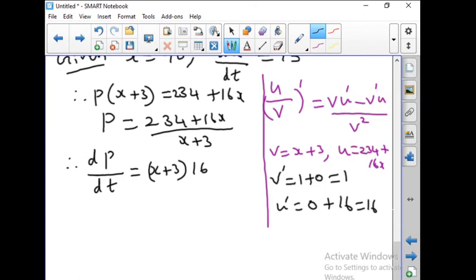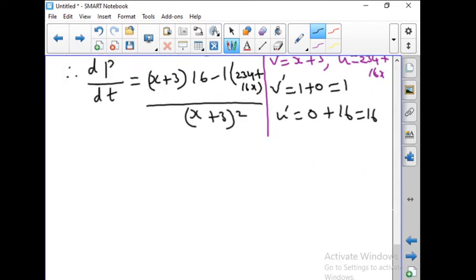Therefore 16 minus v dash 1 into u, that is 234 plus 16x, divided by v square, so x plus 3 the whole square.